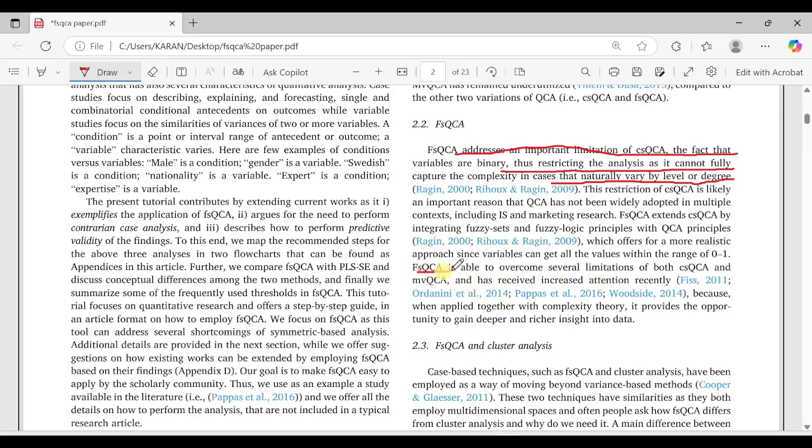So fsQCA is able to overcome several limitations of both CSQCA and MVQCA and has received increased attention recently. Because when applied together with complexity theory, it provides the opportunity to gain deeper and richer insight into data.